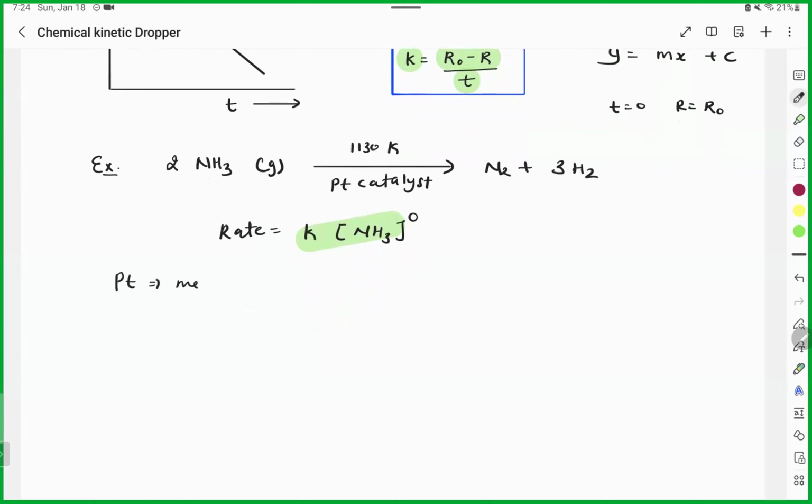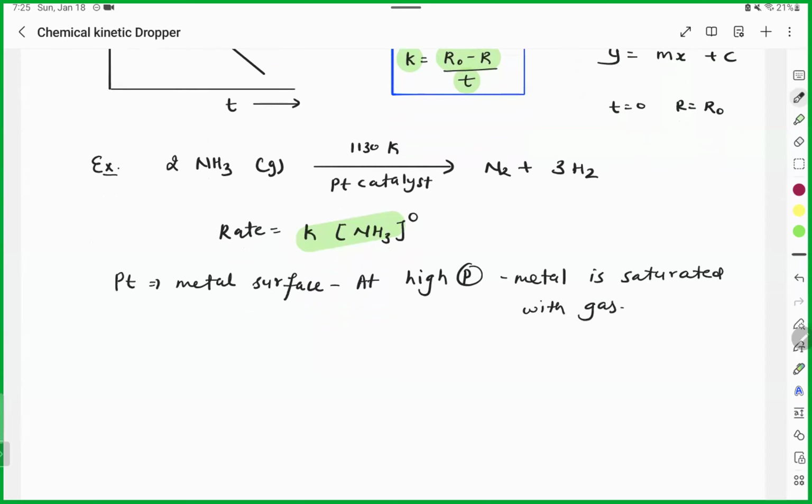Platinum has a metal surface, and on this metal surface, at high pressure, what will happen? No, not gas. The metal is saturated with the gas.